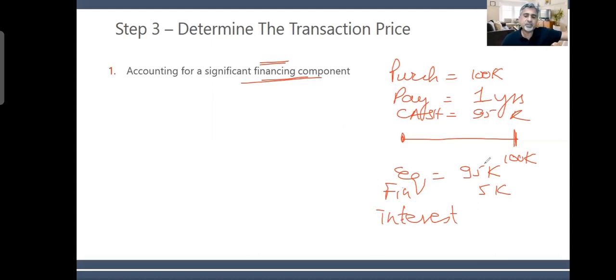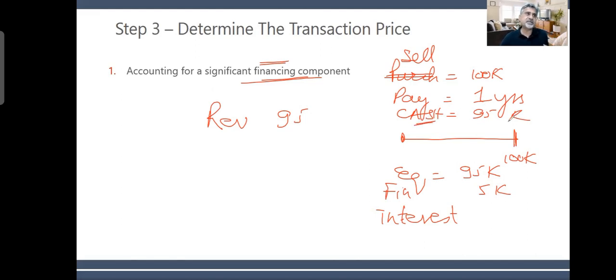So actually the revenue here is 95K, I mean, if you are selling goods. Okay, let's suppose I'm selling goods, I'm not buying goods. Let's suppose I'm telling my client that I'm selling this thing for 100K and you will pay me after 1 year. If you pay today in cash, I'll take 95K.